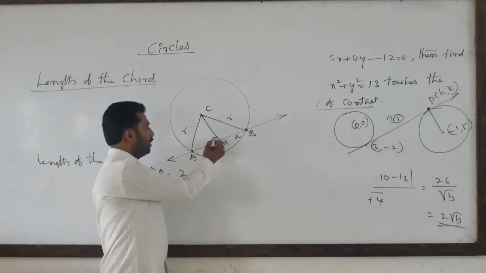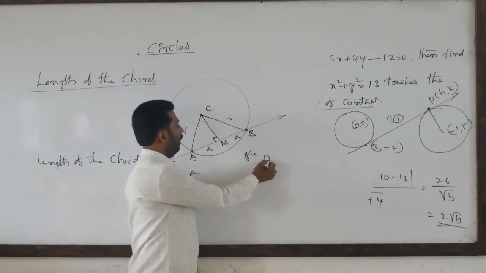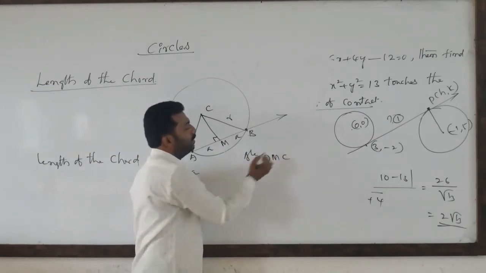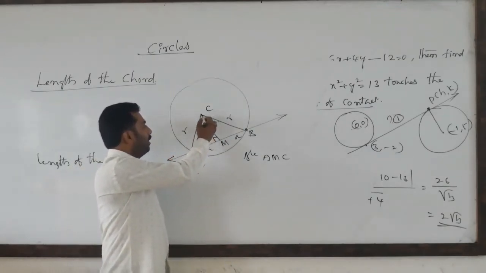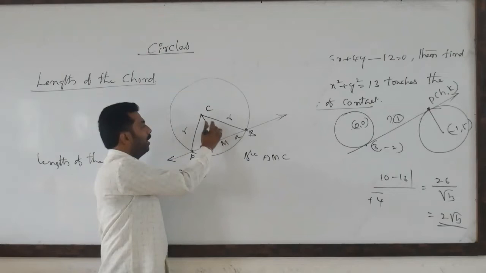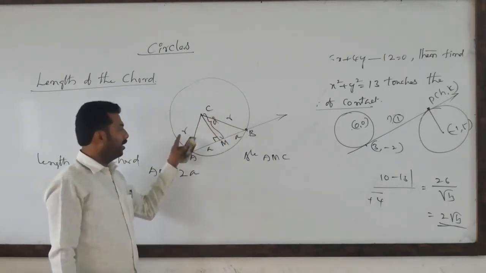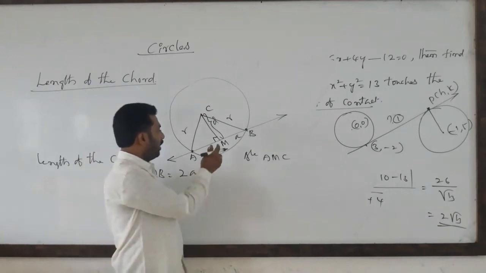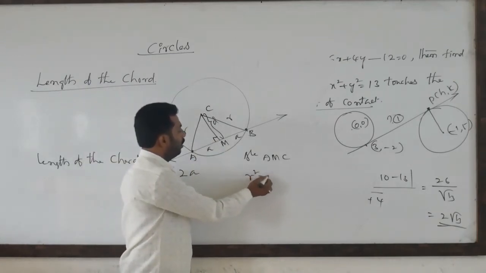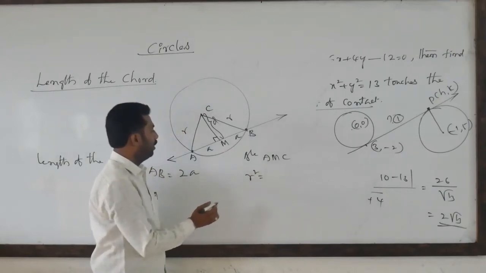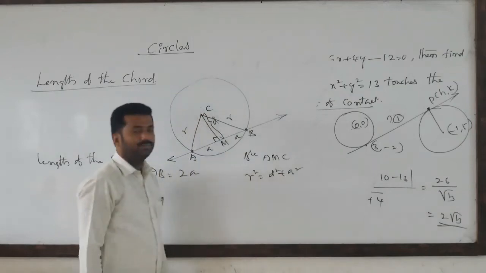So very clear, this is perpendicular. From the triangle AMC, suppose the perpendicular distance from the center to this line is D, I am taking D. So from this triangle you observe, can I write R square equal to D square plus A square.